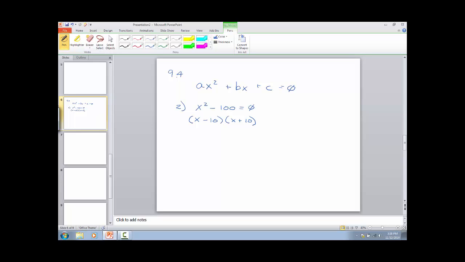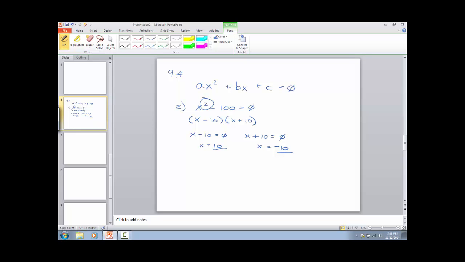Now the only thing different in this section is that we want to solve for x. So if we put x minus 10 equal to 0, we get x equal to 10. And if we put x plus 10 equal to 0, x here should equal negative 10. So we have a degree of 2, and we have 2 answers for that equation.